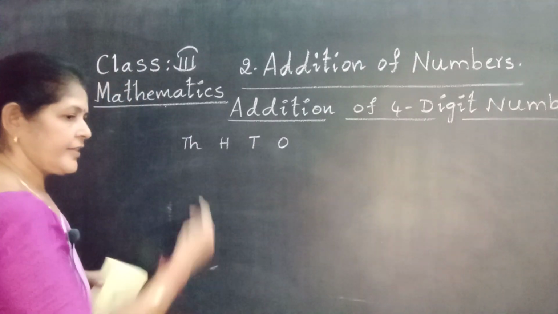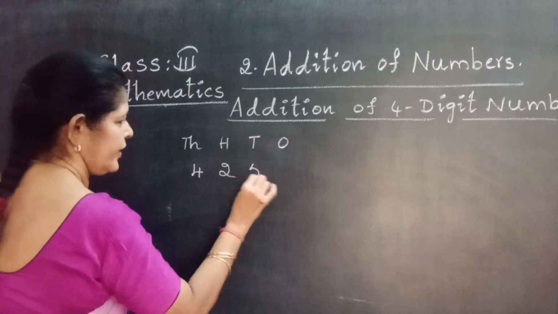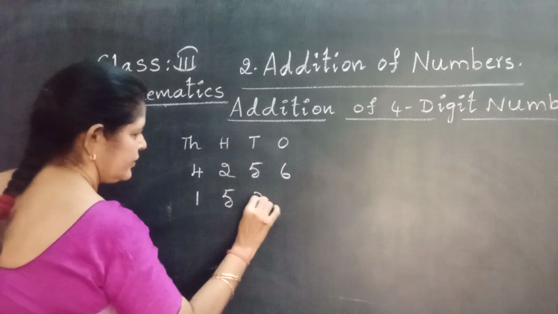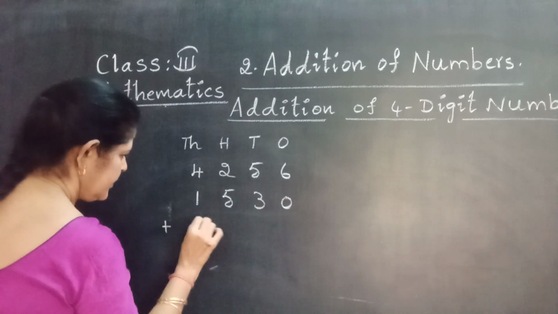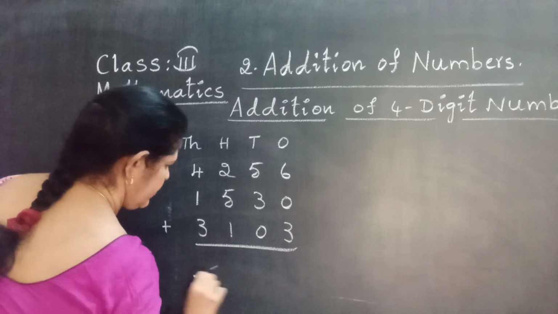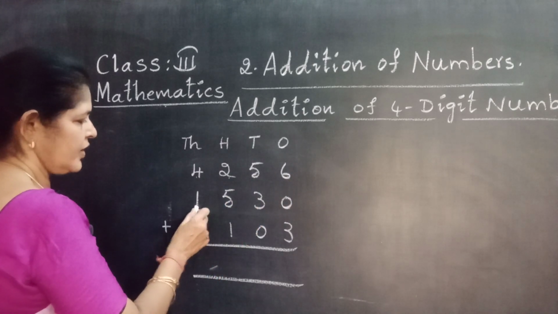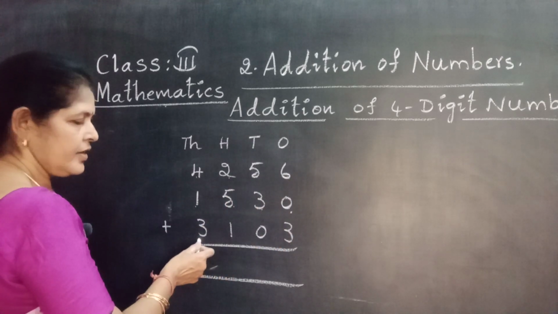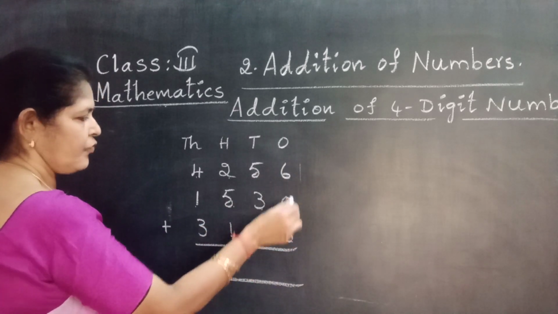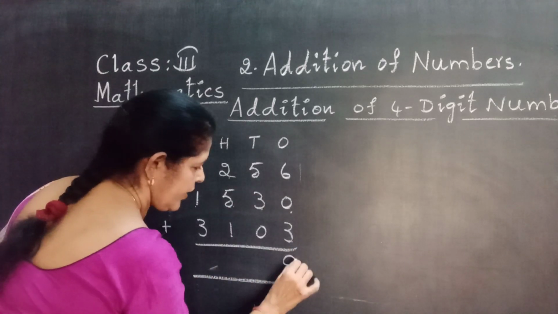Next, another example of 4-digit numbers. Now I am going to take 3 numbers, 3 lines addition: 4,256, 1,530 plus 3,103. First number is 4,256, second number is 1,530, third number is 3,103. Start addition from ones, add ones column numbers. 6 plus 3, very good, 9, write in the ones column.